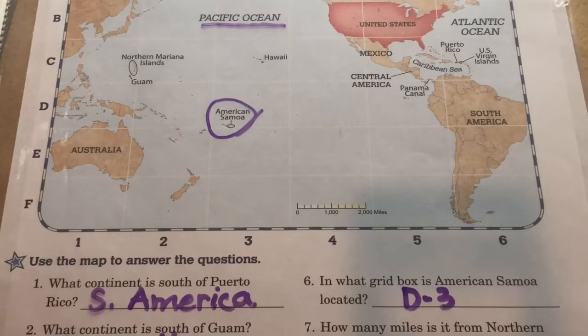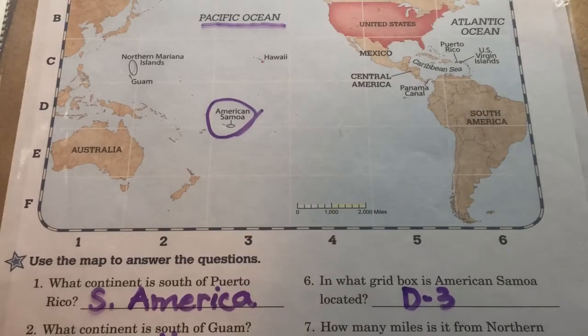Number 7, how many miles is it from Northern Mariana Islands to the southern coast of California? And they want to know, is it more than 2,000 miles or less than 2,000 miles? Where would I look to find distance on the map? Right, and that's part of our map key, they'll show us distance.